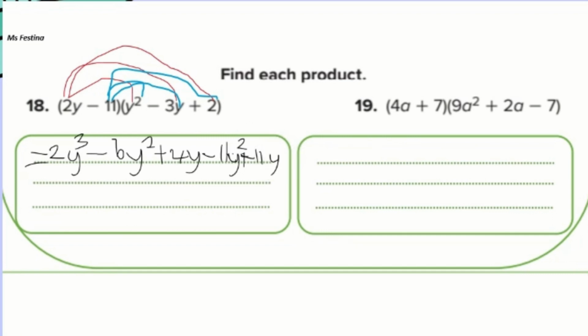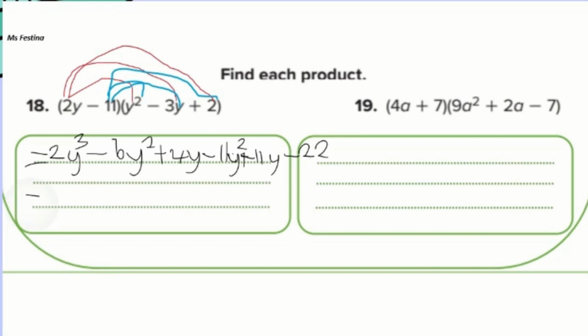This is long, so I'm going to extend to the second box there. So negative 11 multiplied by 2 will give me negative, because negative times positive just stays as negative. So negative 22 as the last thing.